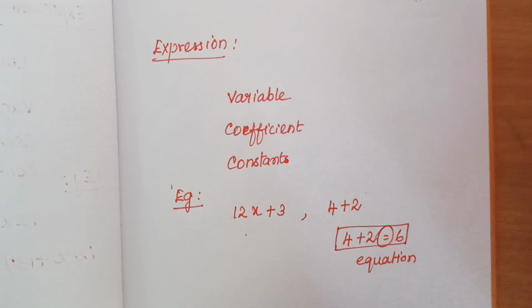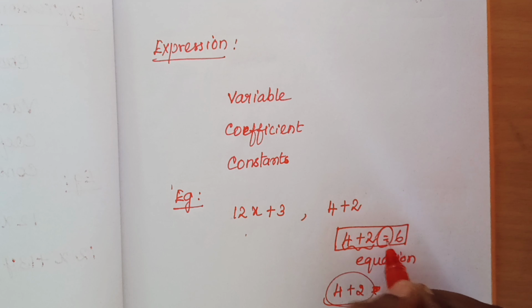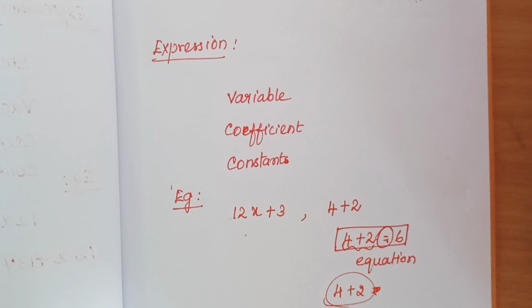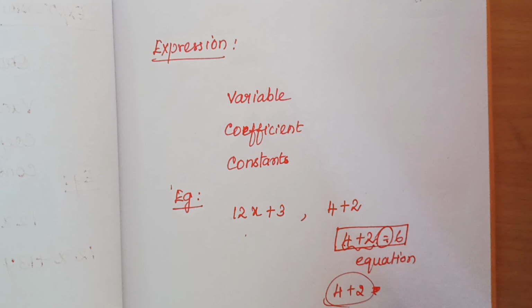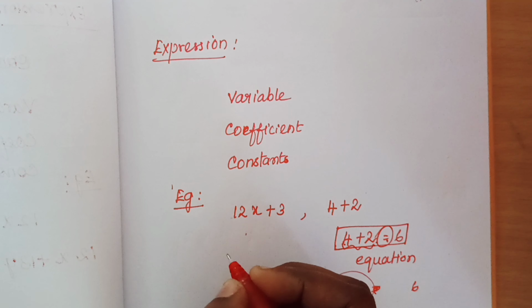Whenever you have an equal to sign, that is called an equation. When you don't have any equal to sign, like 4 plus 2, this is an expression. Clear? 4 plus 2 is also an expression. 6 is also an expression.